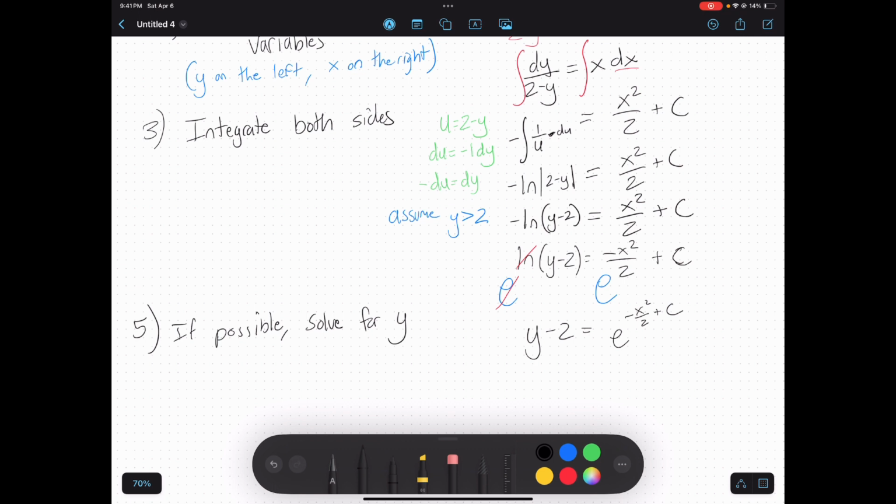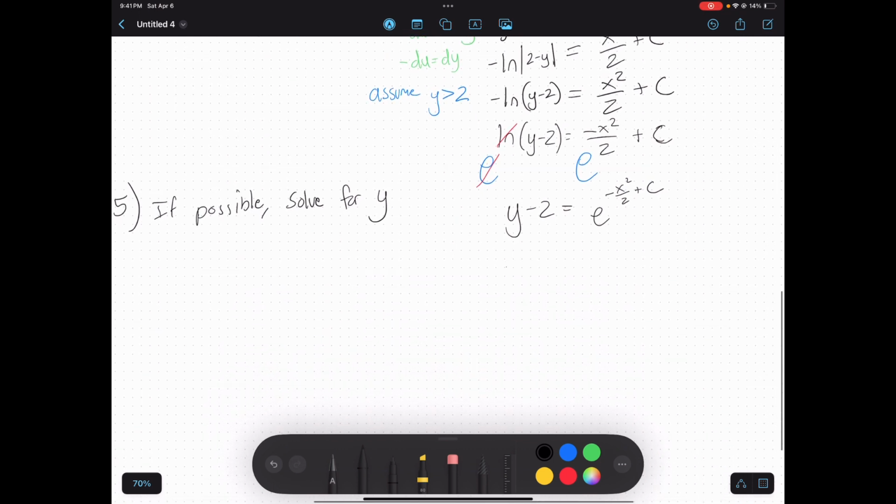Now I can use some exponential properties here. Stay with me. I can use some exponential properties to do e to the negative x squared over 2 times e to the c power. And because, once again, c is an arbitrary constant, e to the c power is also just an arbitrary constant.